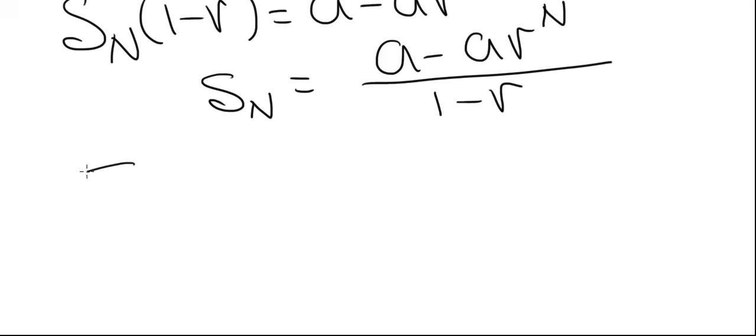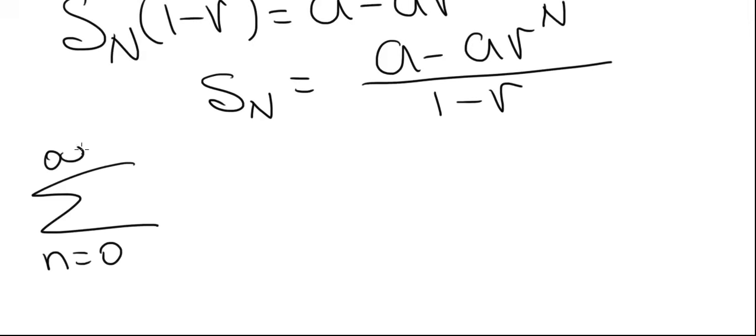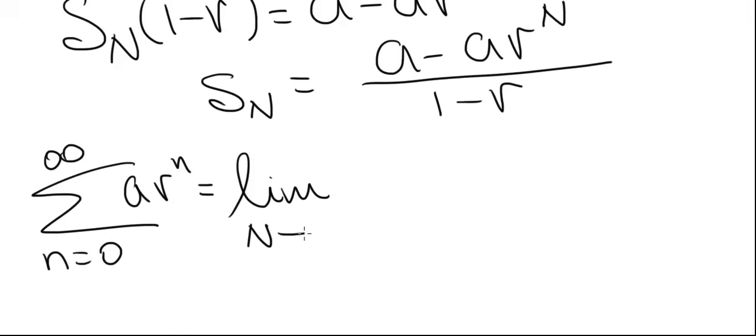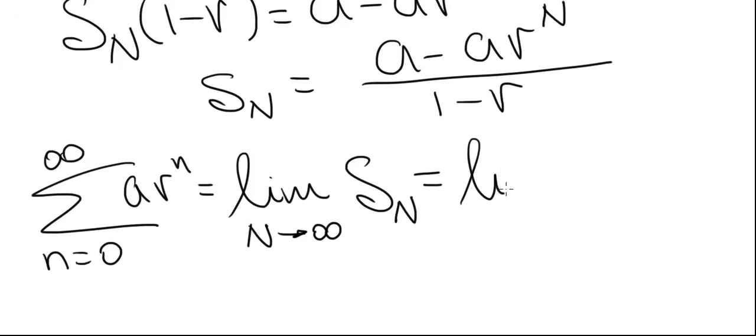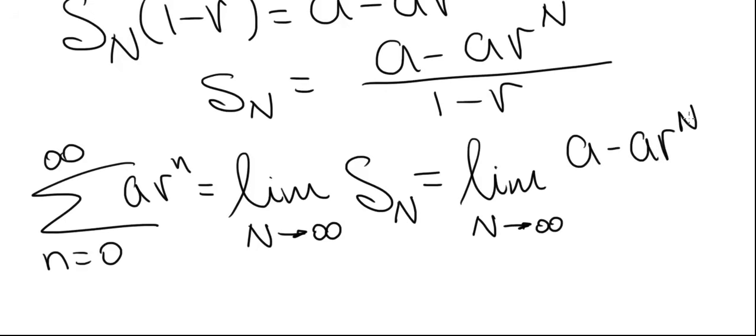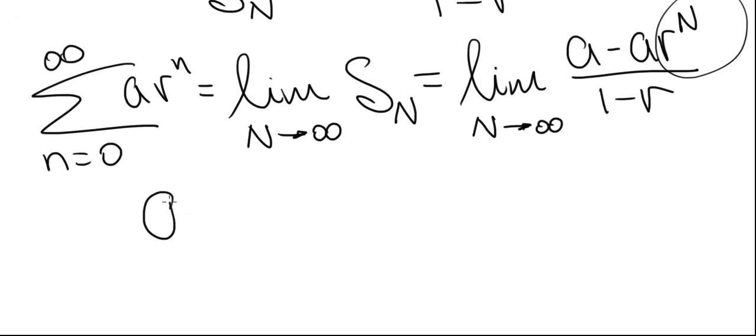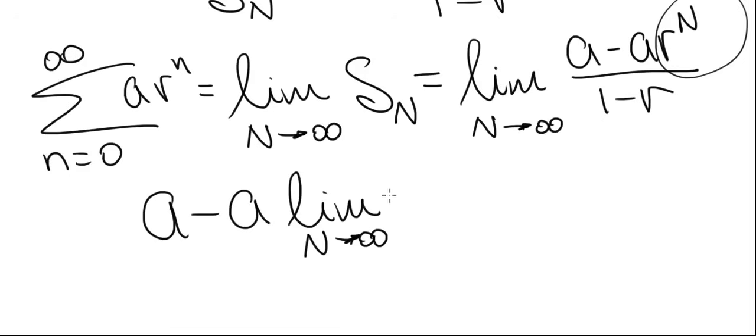And now the series from 0 to infinity of a r to the n is defined by the limit as capital N goes to infinity of the Nth partial sum S_N. We now have a formula for it. This is the limit as N goes to infinity of a minus a times r to the N, divided by 1 minus r. Since the only N is right up there, we can rewrite this as a minus a times the limit as N goes to infinity of r to the N, divided by 1 minus r.